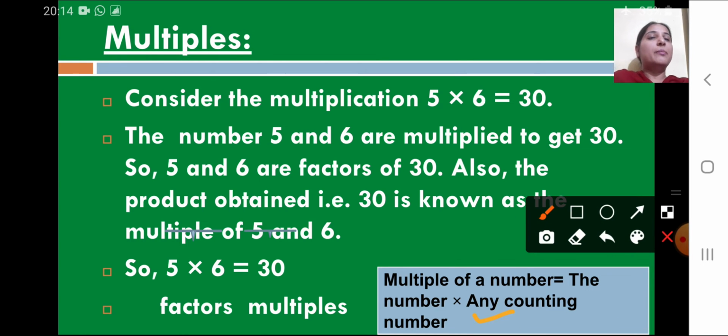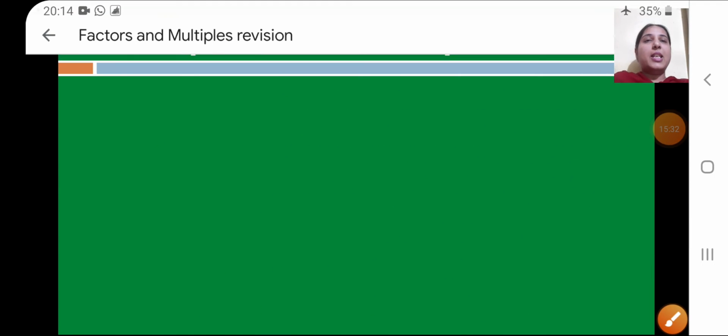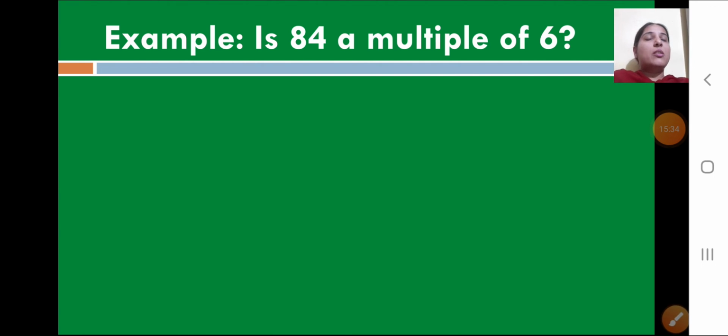Now, children, suppose a number is given and it is asked whether it is a multiple of a given number or not. Like here you can see, is 84 a multiple of 6?